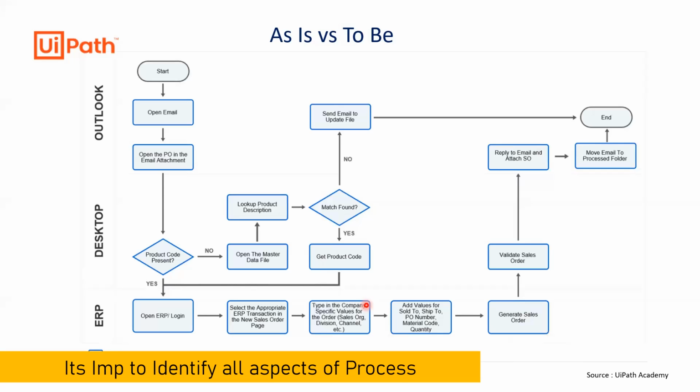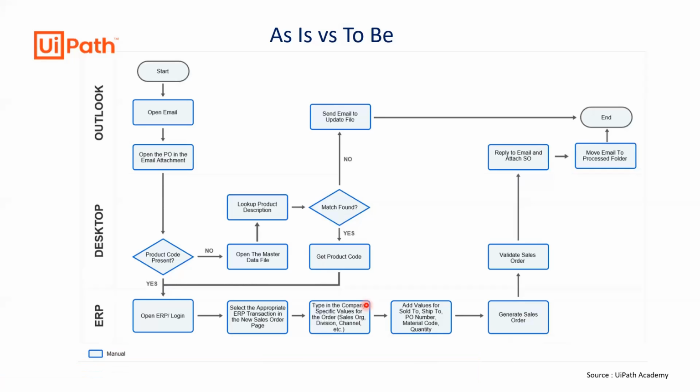The input is the mail, and in the mail, the purchase order attachment. Okay. Now, if I ask you how many applications are involved here? Outlook, desktop, and ERP. Correct. And what is the final output for this process? Output, we need to reply with the attachment of the sales order, and we need to send.